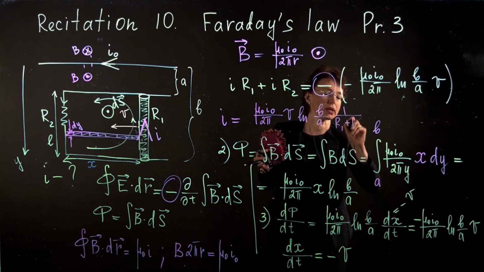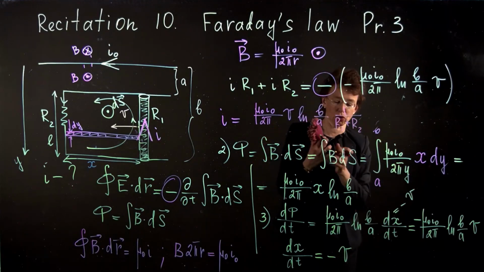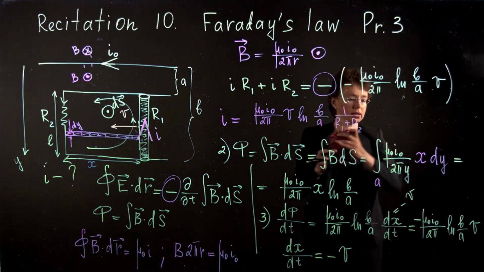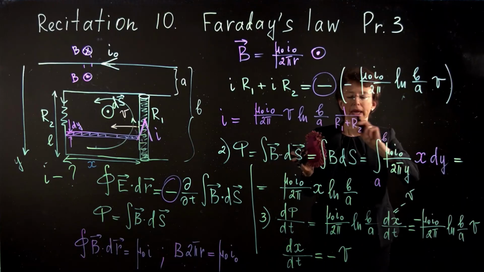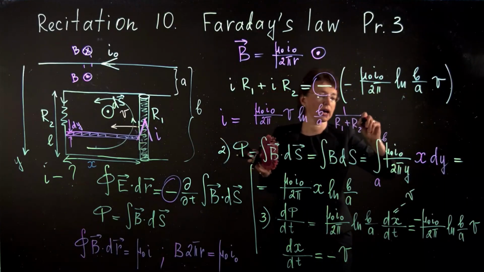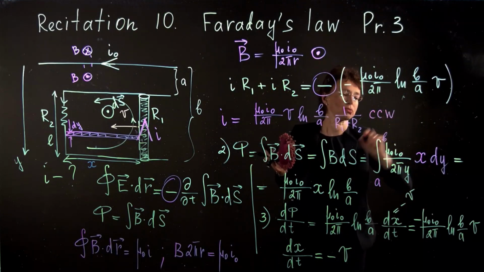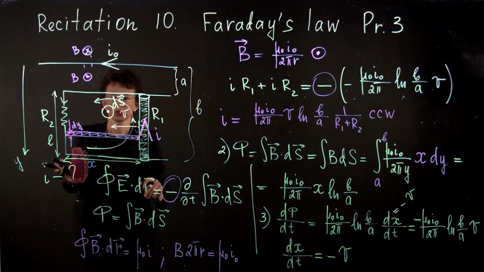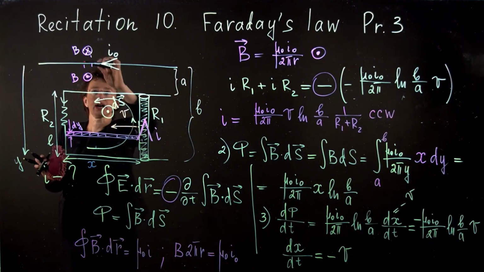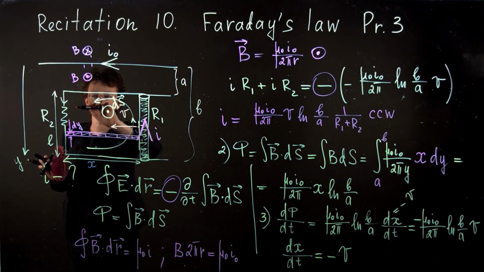And this current is from A to B, and this current is in counterclockwise direction. So what's important? This time the magnetic field was not constant. It was changing with the coordinates. So it was different at each point of this area.